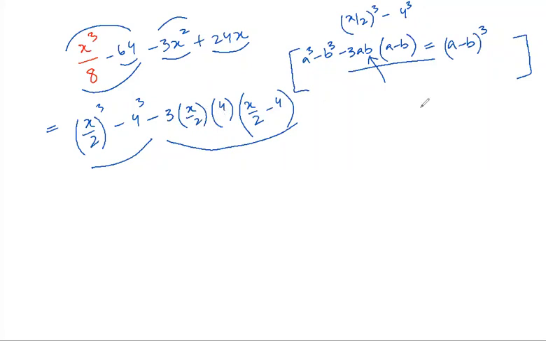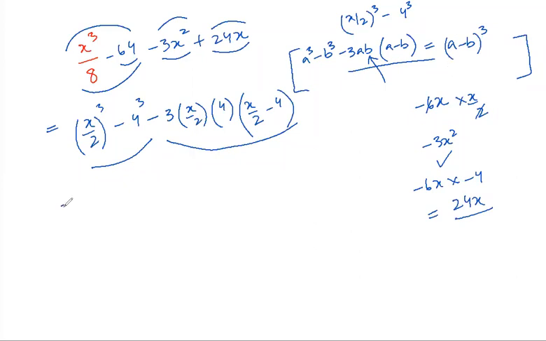So minus 6x into x by 2 gives you the same thing, minus 3x square. Wow, first is done. And then it is minus 6x into minus 4, and that is going to be exactly the last term, 24x. So we know this is a minus b cube.